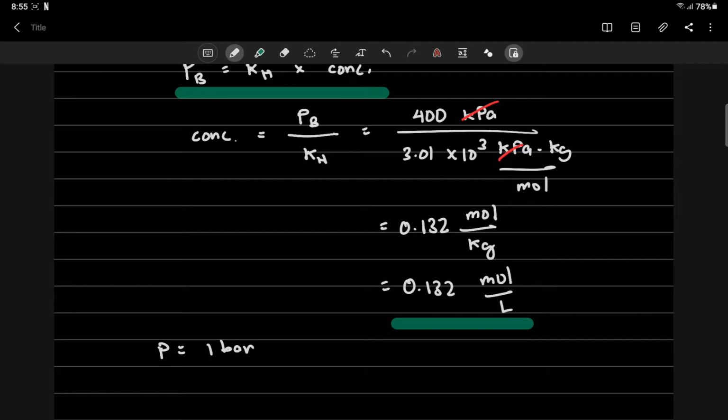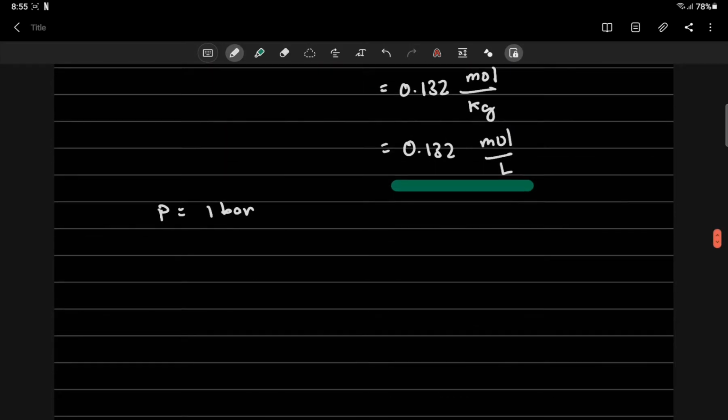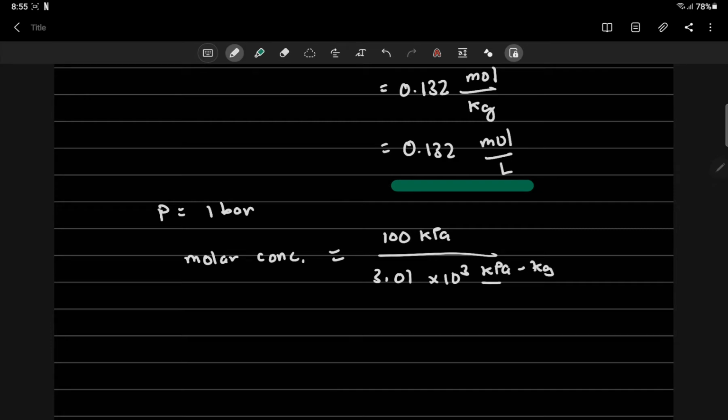Ibig sabihin, your solution is now exposed to an atmospheric pressure equal to 1 bar. So, what will happen to the concentration? So, the molar concentration will therefore be, so susundan nyo lang yung calculation above, instead of 400 kilopascal, maging 100 kilopascal, divided by the Henry's law constant, 3.01 times 10 raised to 3 kilopascal kilogram per mole.